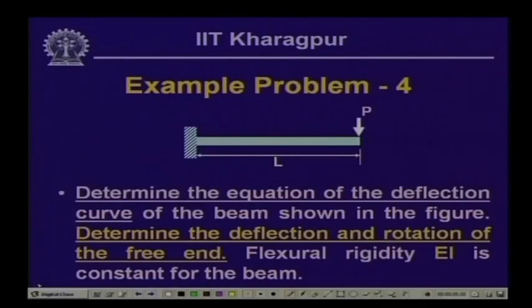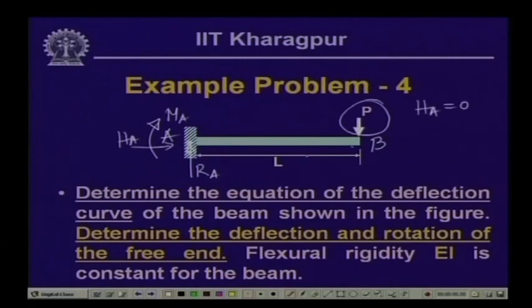Well, we have another problem wherein the load is acting at the free end, which is a concentrated load instead of a uniformly distributed load, and in exactly the same way we again compute the reactive forces. If we call this beam A and B, we have the reactive force R A, the horizontal force H A, and the moment M A. Here again, if we take the horizontal equilibrium, we get H A equals 0.